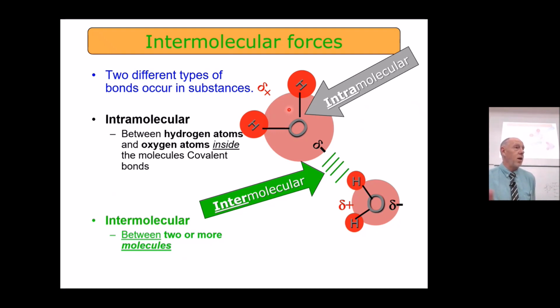When I've spoken to you about bonding up until now, we were talking about these kinds of bonds. What are the bonds in the water molecule? Intra. What is the bond between that hydrogen and that oxygen? What kind of covalent? Polar covalent, 100%. Now, the intramolecular bonds, you've only got about three. You've got covalent, polar covalent, pure covalent, or ionic, or metallic.